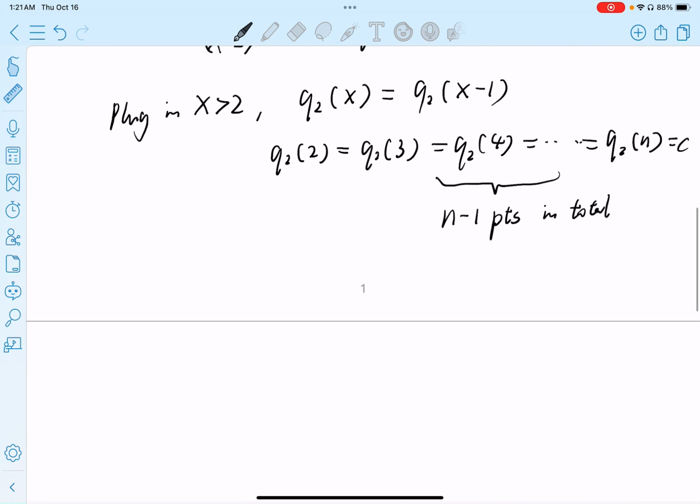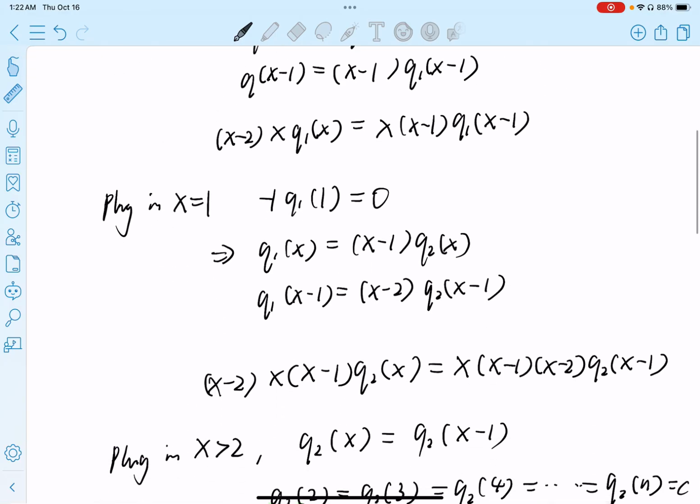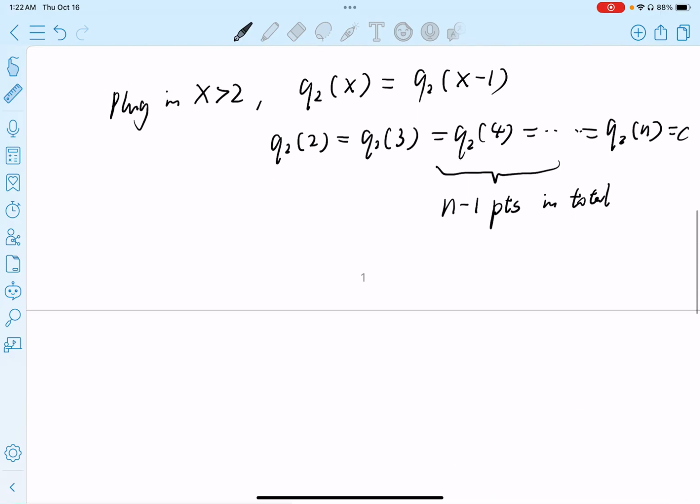Because q of x is given to have degree at most n, and for q2 we have already separated 2 degrees out of q, q2 of x has degree at most n minus 2.